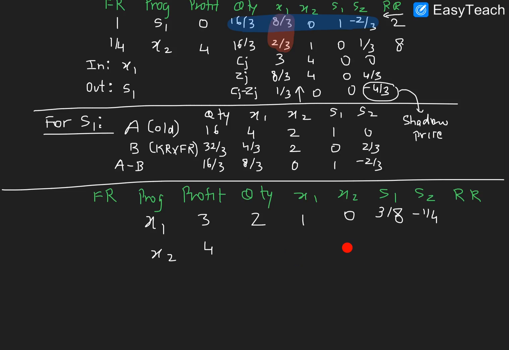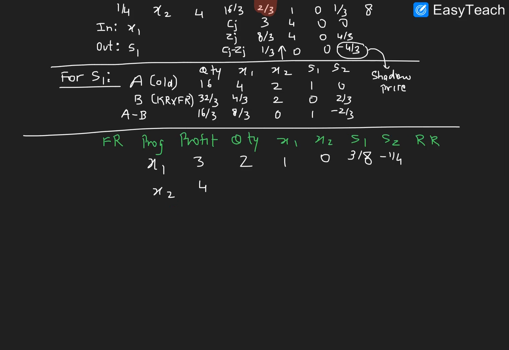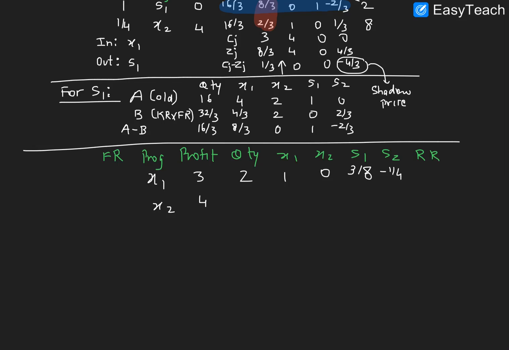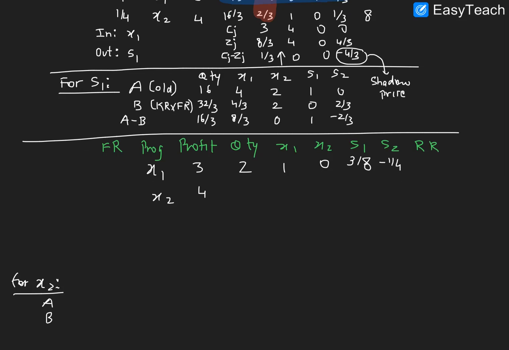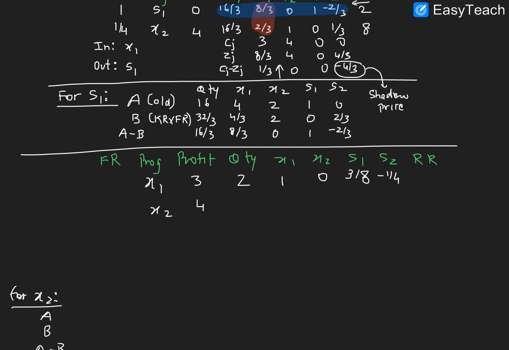Then for this row, we know we have to perform the working note of A minus B. So let's perform the working note for this. So we have this for x2 as A, B, and then A minus B. A is nothing but the old values.